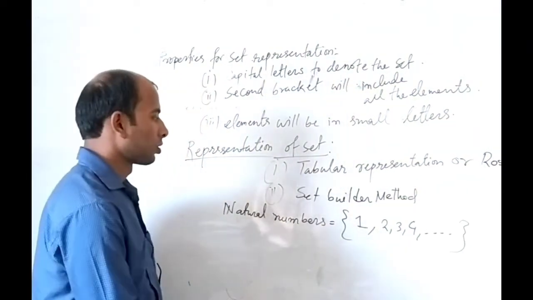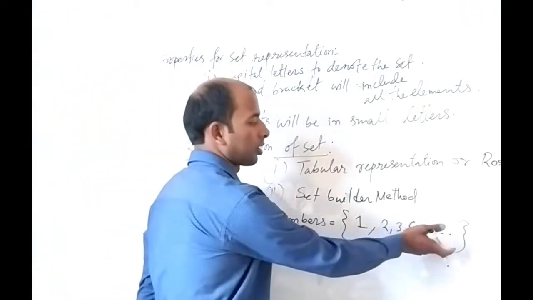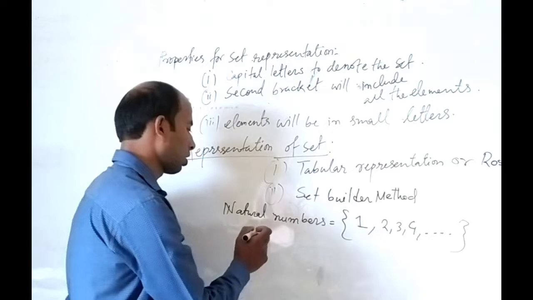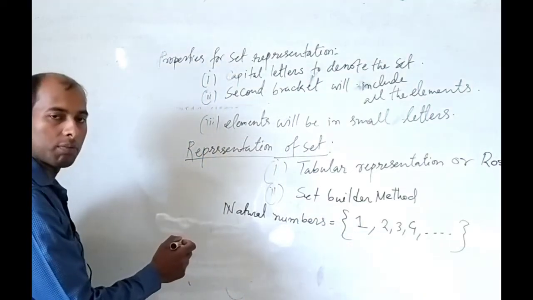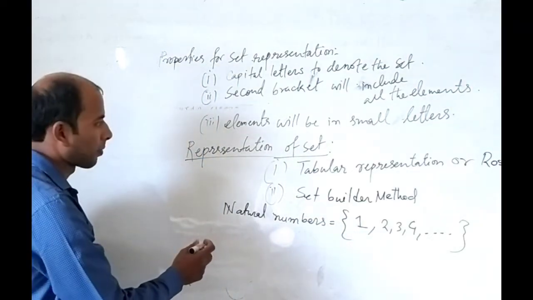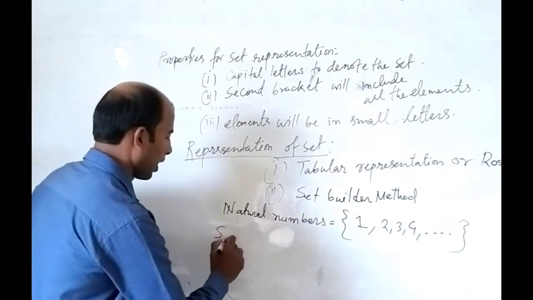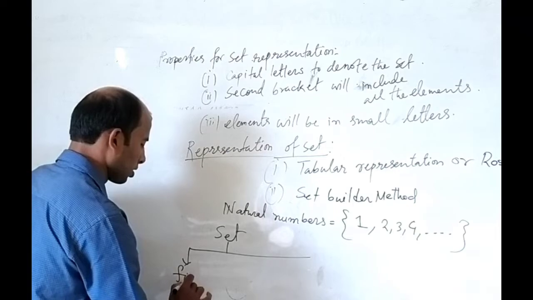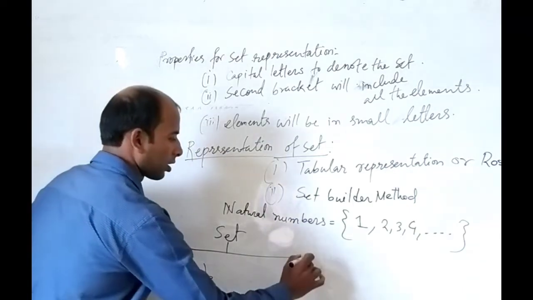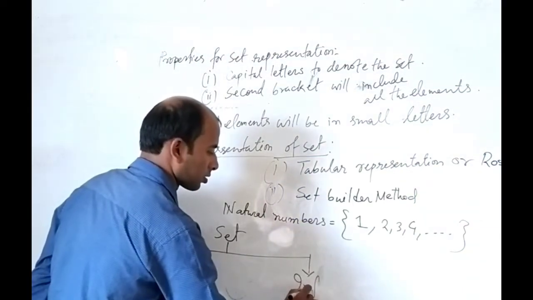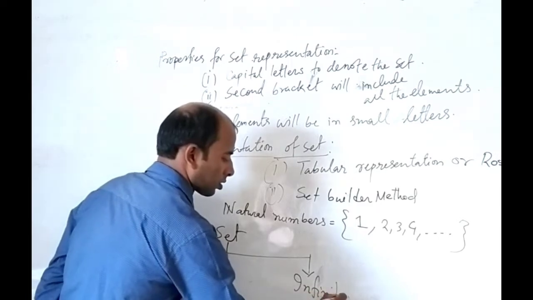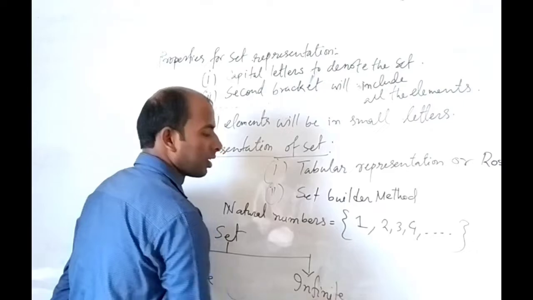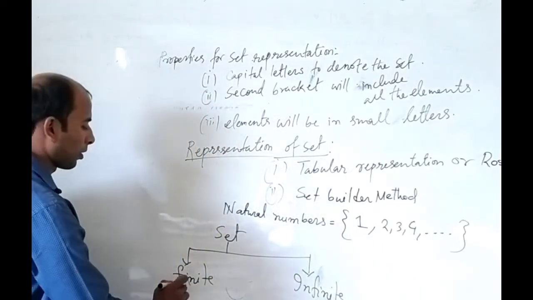Here we have an infinite number of elements, and on the basis of how many elements there are, we can divide sets into two categories: finite sets and infinite sets. In a finite set there will be a limited number of elements.